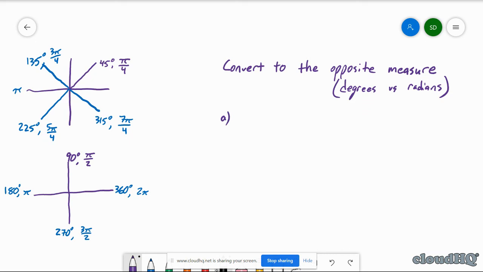So if we have 7 pi, obviously that's in radians. How many degrees would that be? What would I do? Mathematically, what's going to happen if I want to know how many degrees that is?